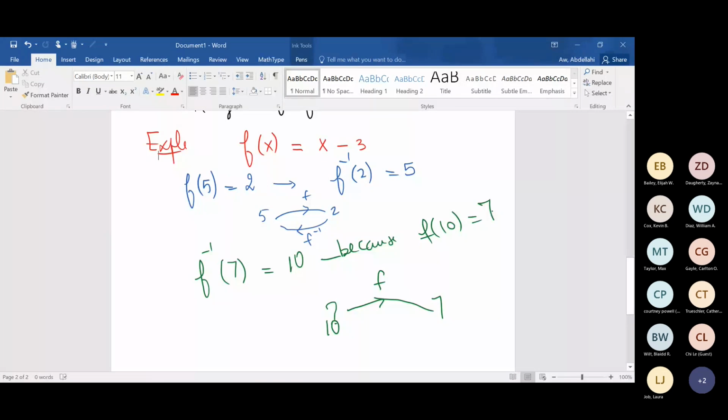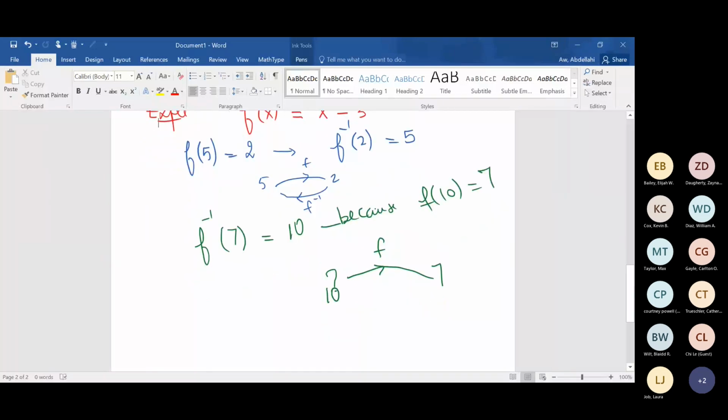Okay, so when we get 10, actually in my head, I solve some equation. How did I get 10? This is a y value. I thought, what number minus 3 equals 7?